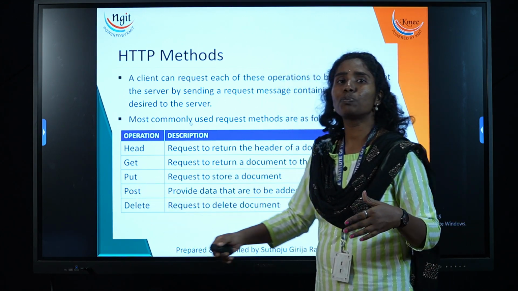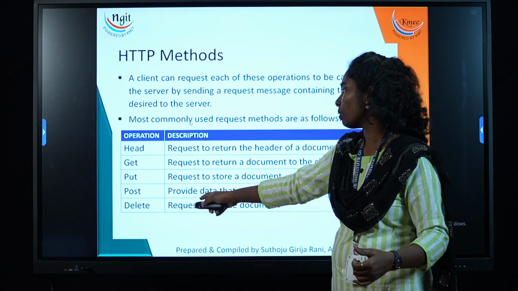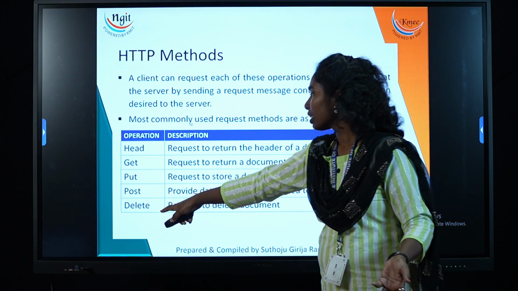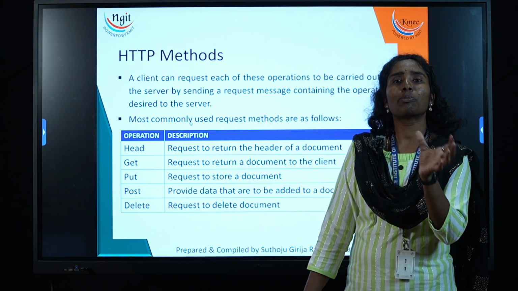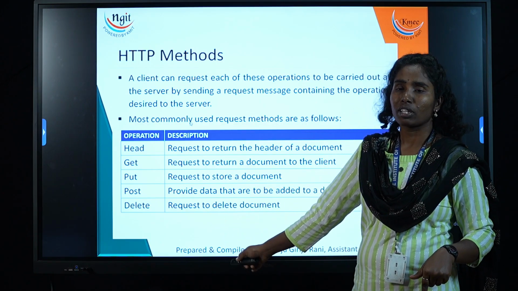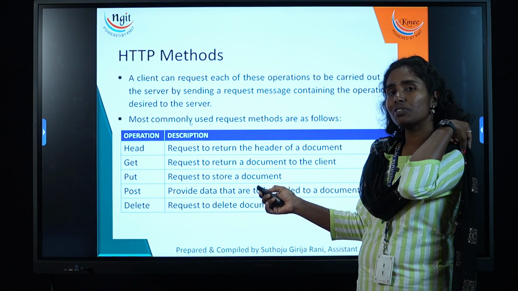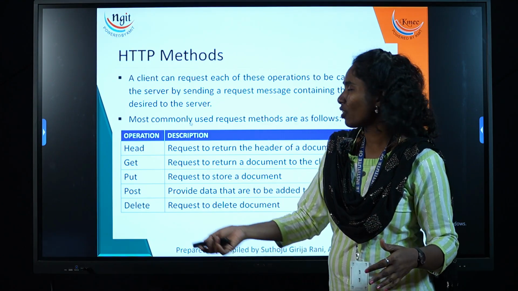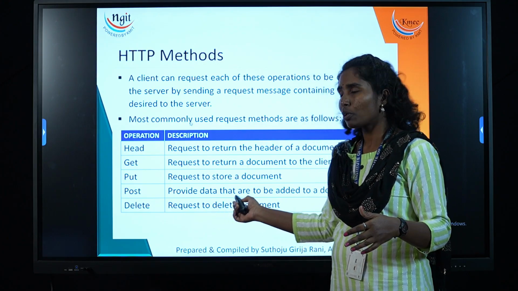Put is to write something onto the document. Post is to provide data between the client and the server. Delete: if we want to delete a particular document, we have to give the delete request to the server. So these are a few methods which we call from the client side to get the data, put the data, or post the data.